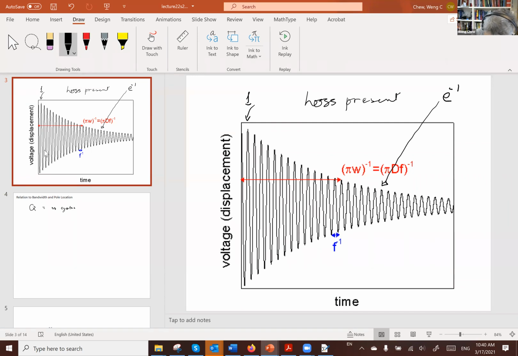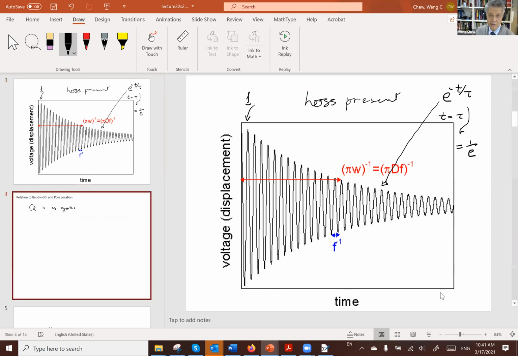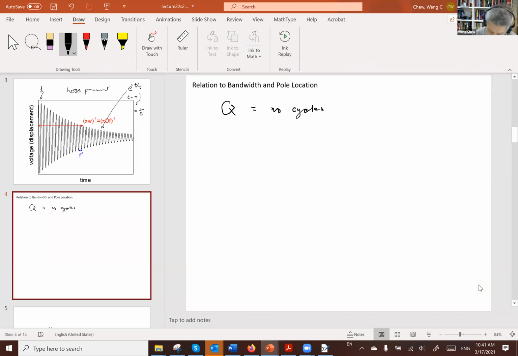So this thing would decay like e to the minus t over tau, and when t equals tau, the value decays to 1 over e. The time constant tau is defined to be the time it takes for the signal to decay to 1 over e of its original value. You can call this the time constant, and the Q is defined to be the number of cycles within the time constant.